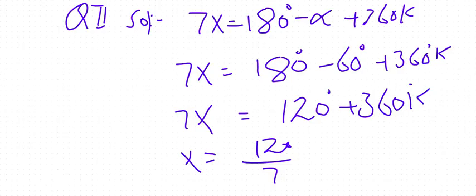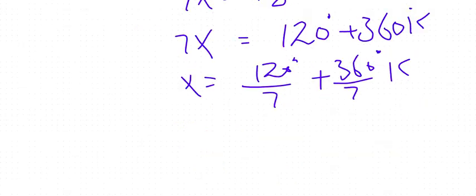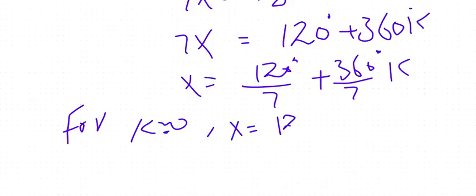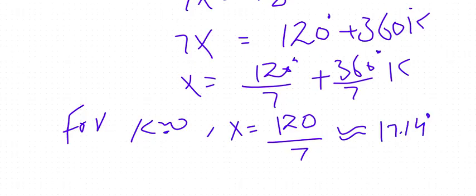For k equals 0, we have x equals 120 by 7, which is approximately 17.14 degree. And for k greater or equal to 1, x will be outside the interval.